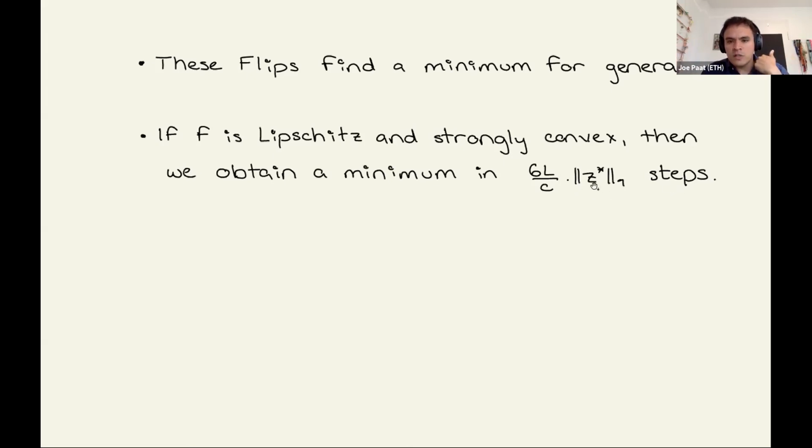This assumption is often made when analyzing the running time of gradient descent. So linear in this distance, we can obtain a minimum value. This is not the best running time. I mean, there's other algorithms that have less dependence on these parameters, but just for our simple updates, we can show that you converge to a minimum in this time. So not a lattice-free set, but just a minimum.